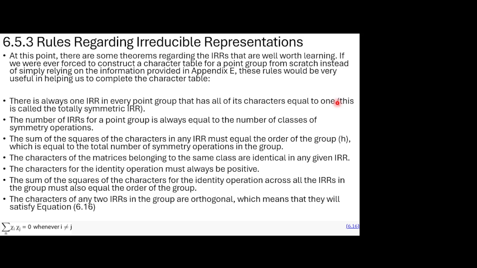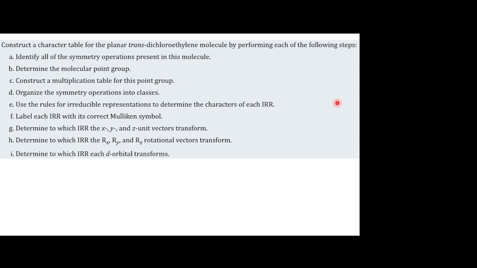You don't need to write out all these because I'm not going to have you go through and actually create irreducible representations. That takes some matrix math that I'm just not going to make you learn. I'm going to cut this part out, I guess.